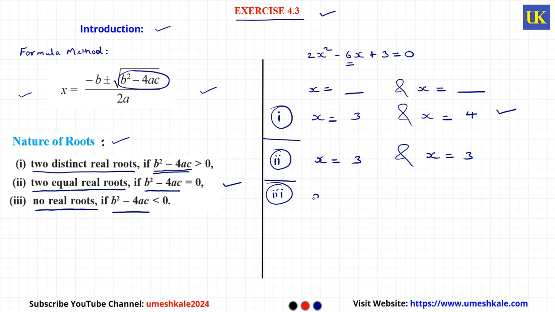It means we will get an answer like this: minus 4, and x is equal to under root, say, minus under root 3, something like that.